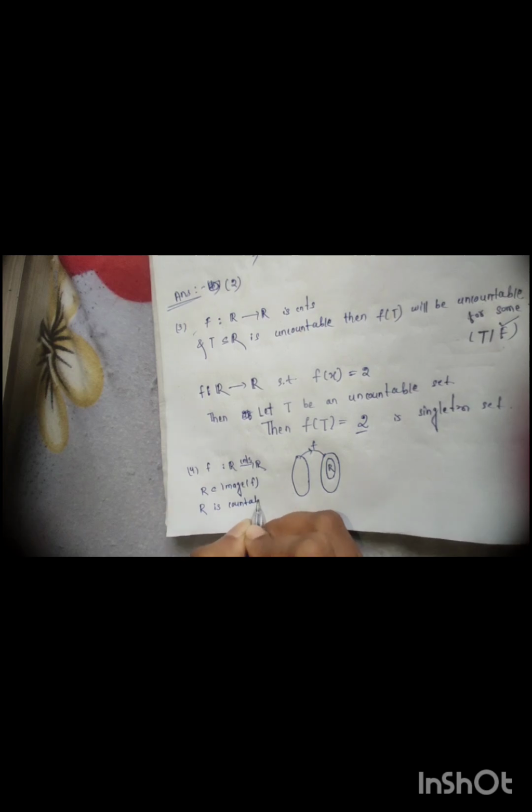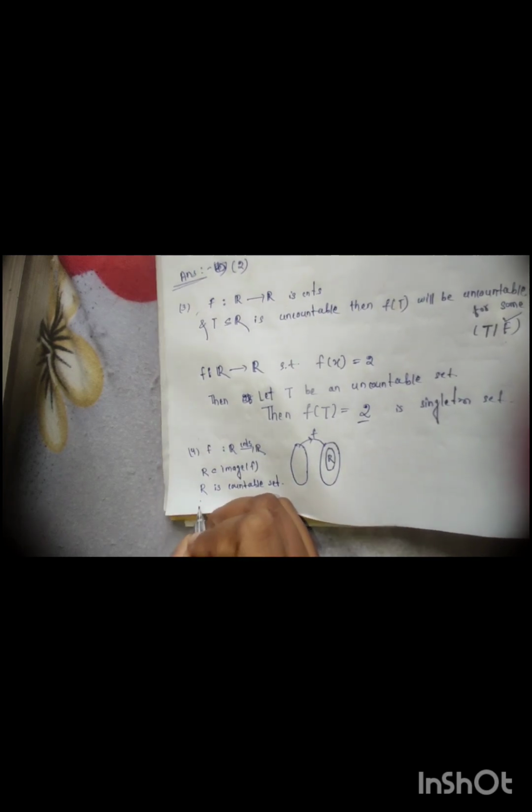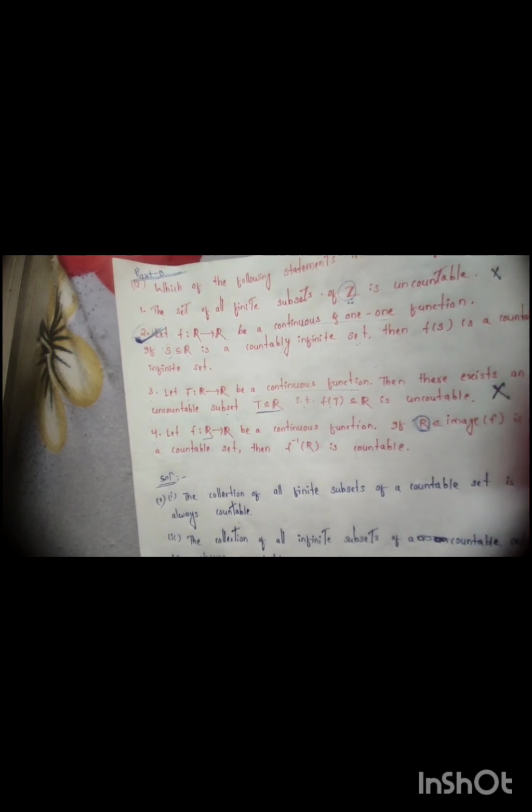Okay, R is a subset of the image of f, and what is given? R is a countable set. Here is what is to be shown. In that question, you have to check that f inverse of R is countable.